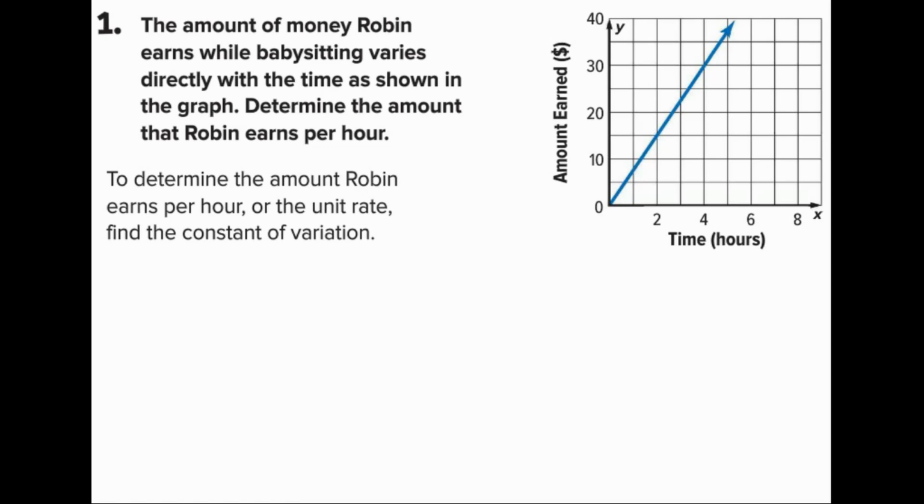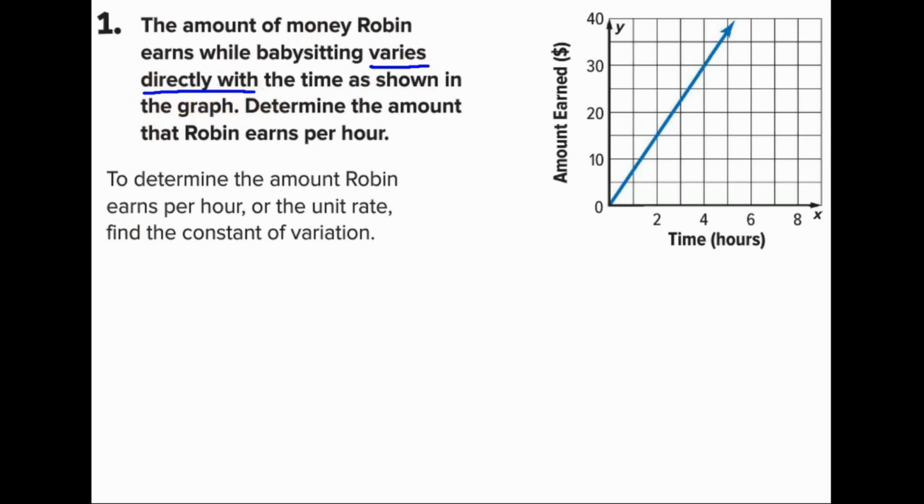So let's look at problem number 1. The amount of money Robin earns while babysitting varies directly with the time as shown in the graph. Determine the amount that Robin earns per hour. As I mentioned earlier, in the sentence I see the words varies directly with.